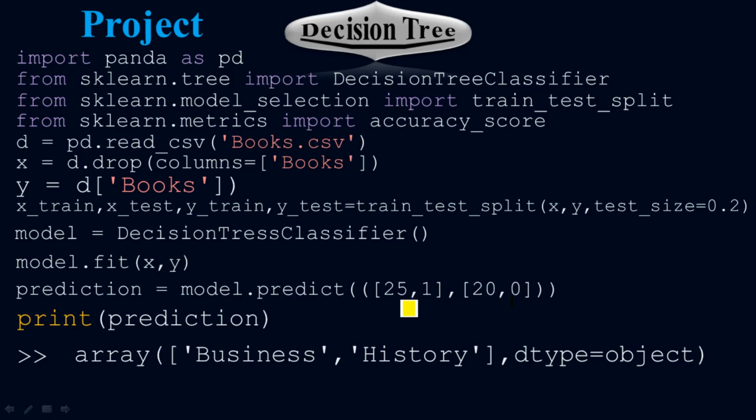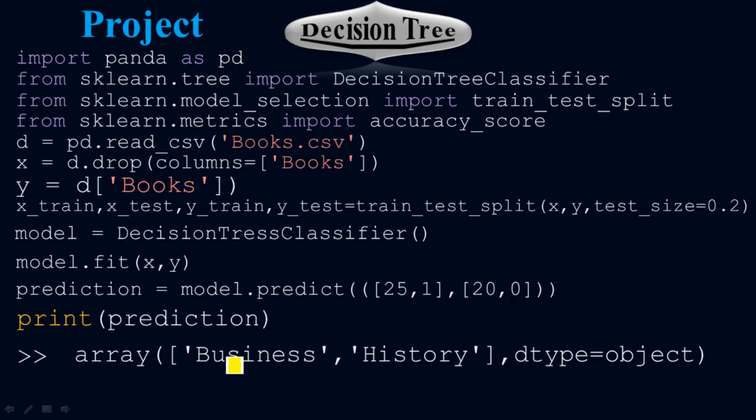Remember, 25 and 28 are not in the list, but they come within the range. When we checked 25, which is not in the list, the machine decided that 25 comes within that specific range, so it has been classified with the business target class. Similarly, 20 is not mentioned in the list with a 0. Remember, 0 is for the female, 1 is for the male. It classified this 20, 0 with the history category.